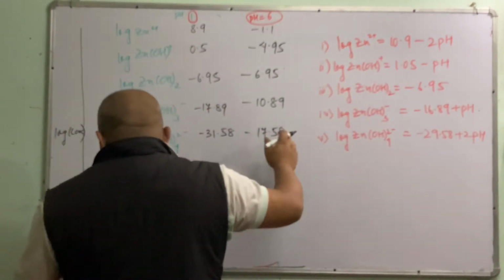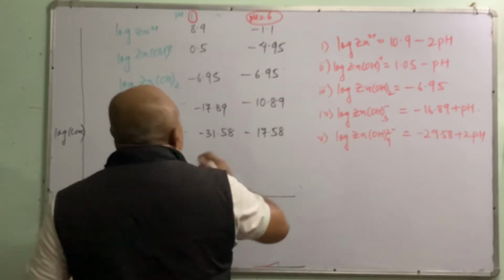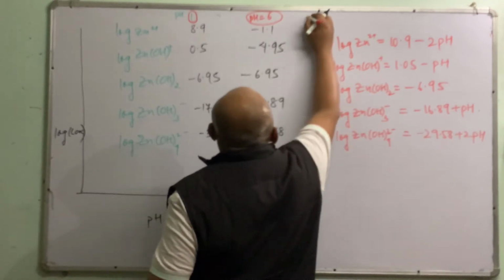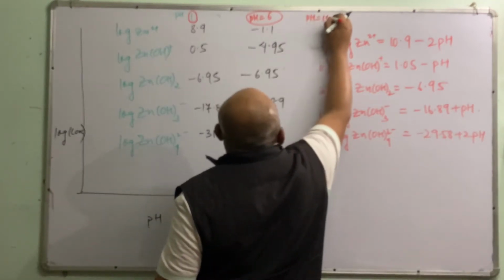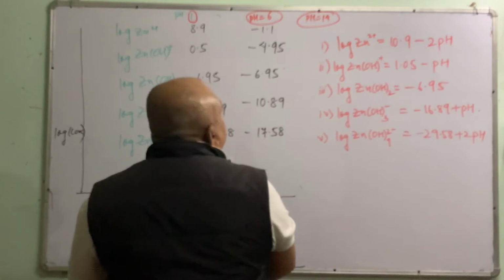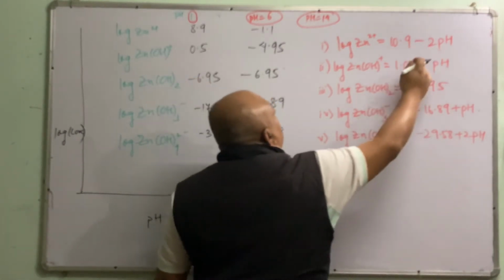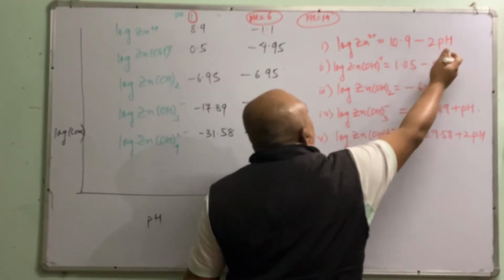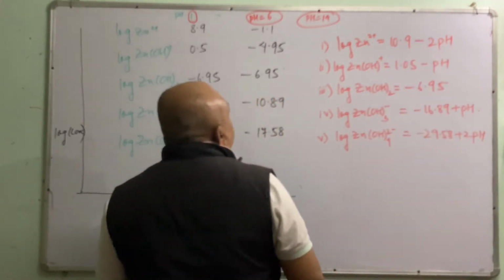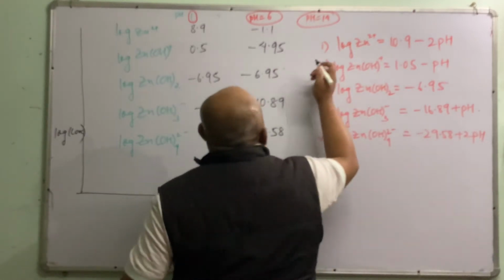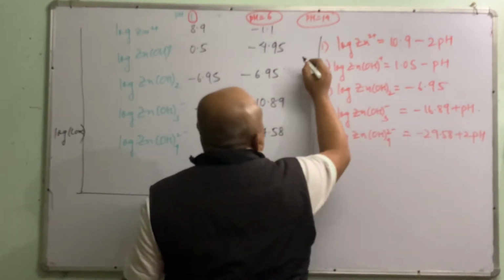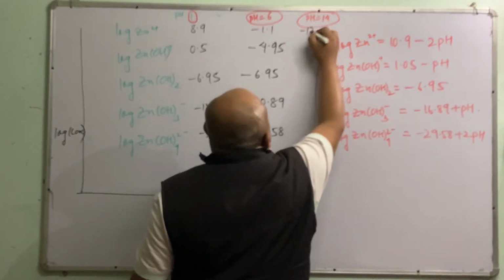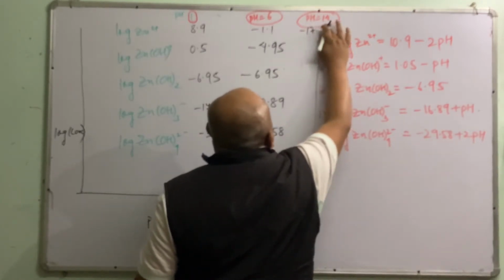You have to calculate probably till pH 14. At pH 14, 2 times 14 is 28, so minus 28 and 10.9, so the value will be minus 17.1, right?